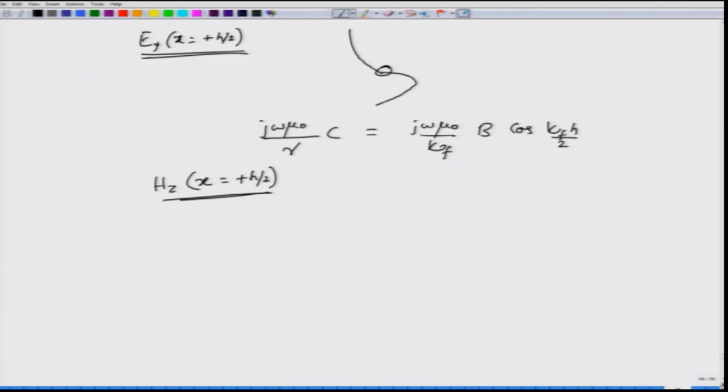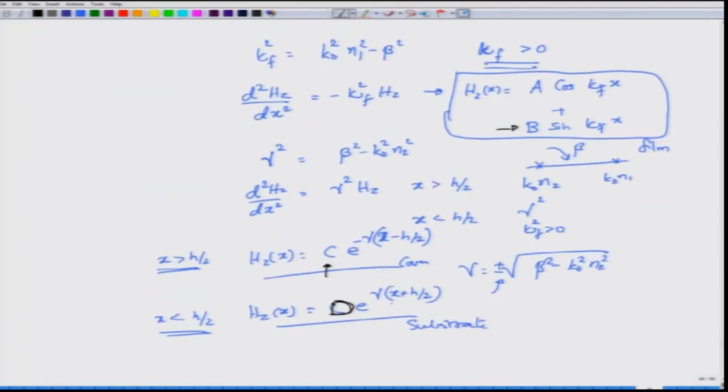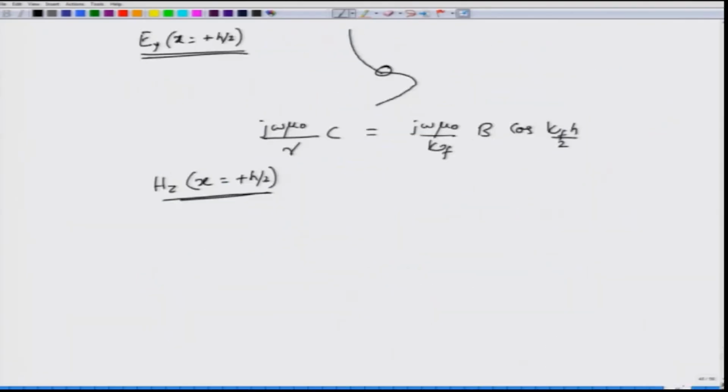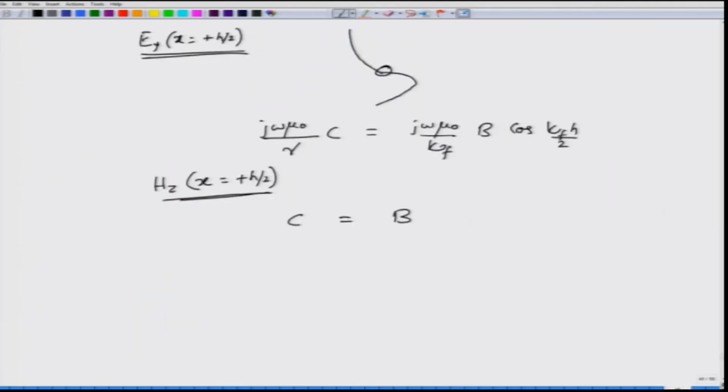Coming in from the evanescent side or the cover side, Hz at x equal to h by 2 would be c itself, which will be equal to b sin kappa f h by 2 coming in from the film side. So, I have these two equations.